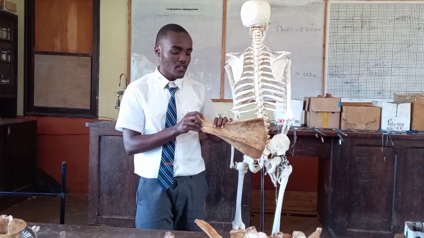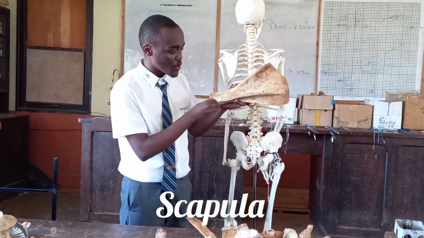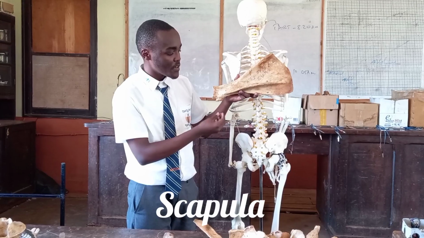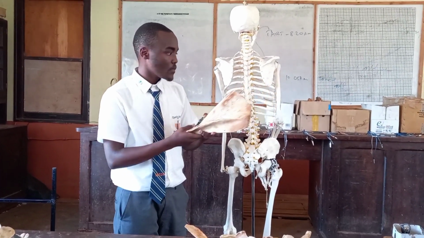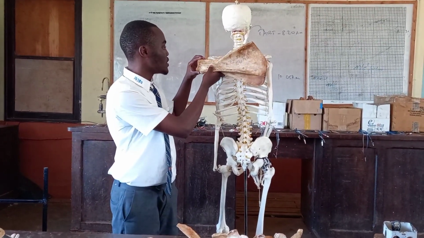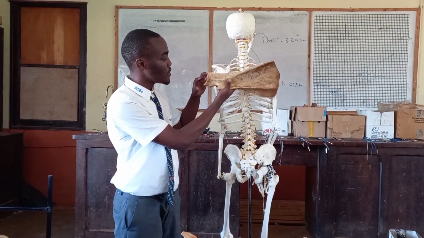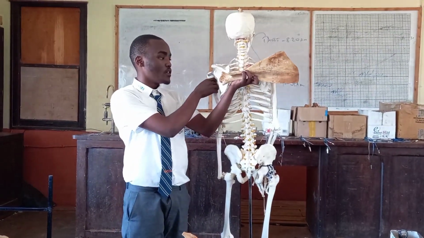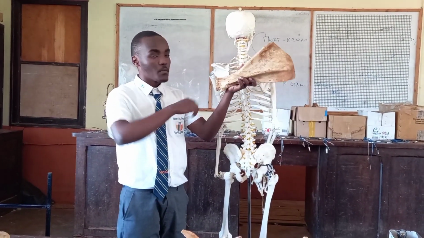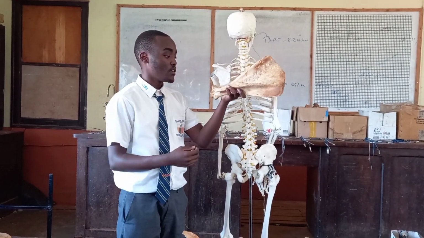I'm going to present the shoulder region. So you have the acromion around here, and the coracoid process. The scapula is around here, and you have the glenoid cavity, which articulates with the head of the humerus to form a ball and socket joint.